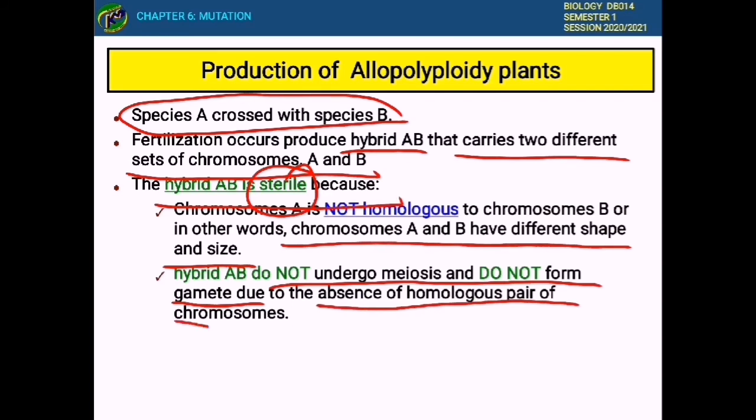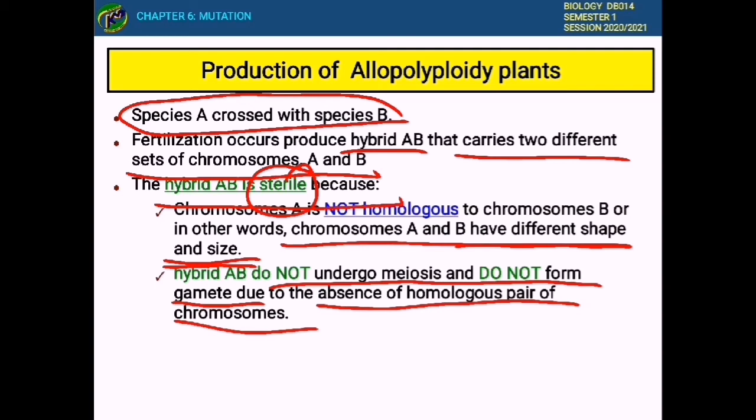Why? Because they are two different species. Homologous chromosomes must have the same shape and size.